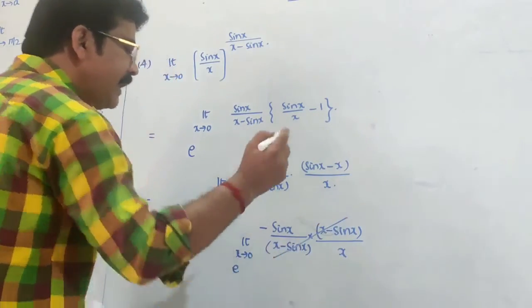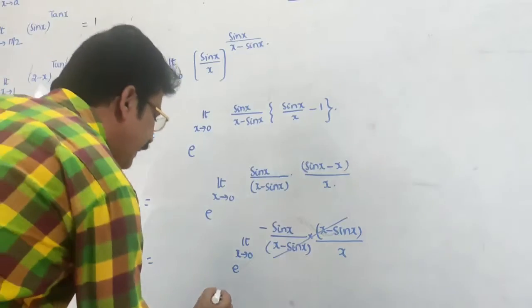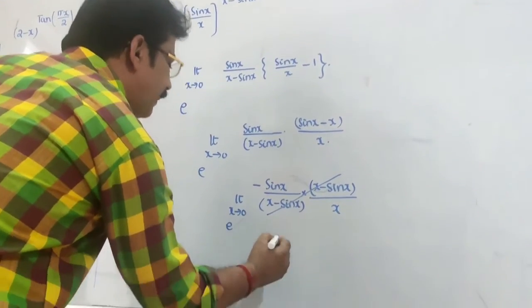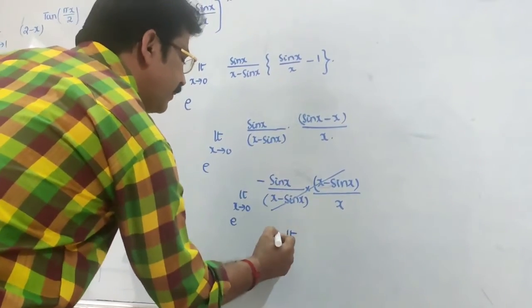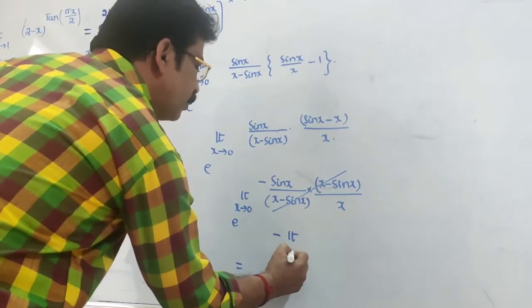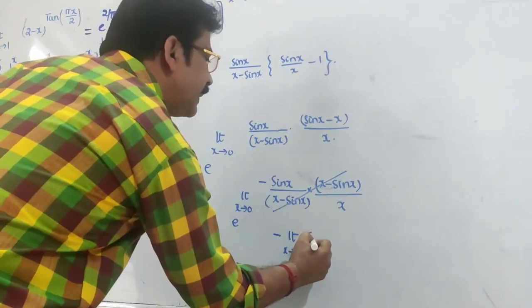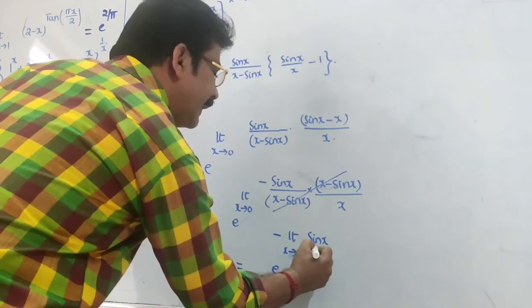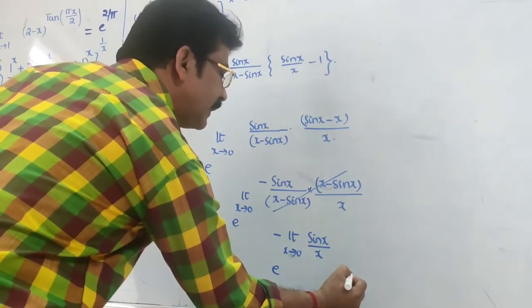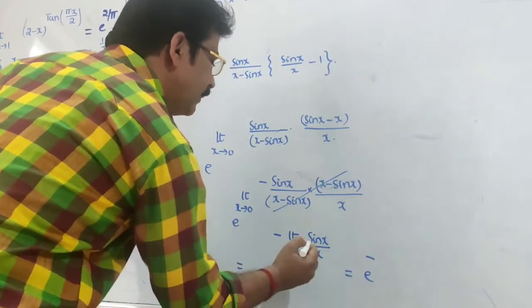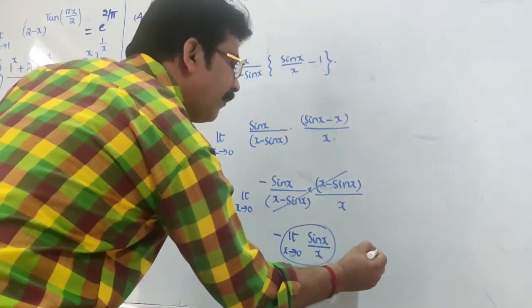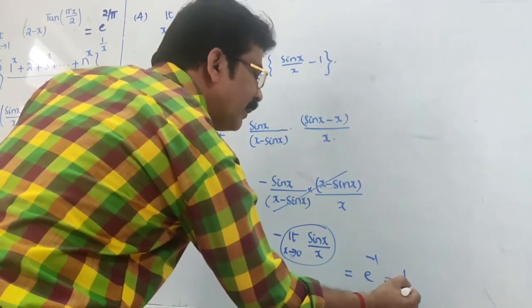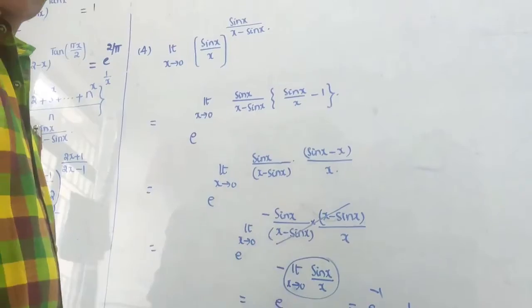So clearly x minus sin x will be cancelled. It remains e power minus limit x tends to 0 of sin x divided by x, and this value is 1. So the answer is 1 by e. That's all. Hence the problem.